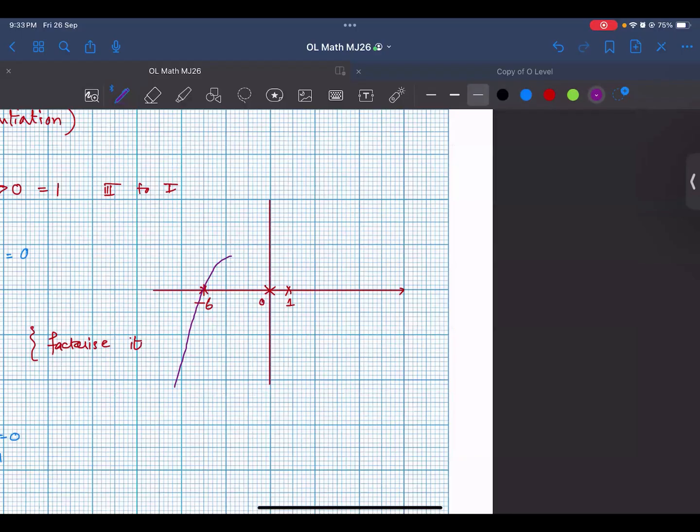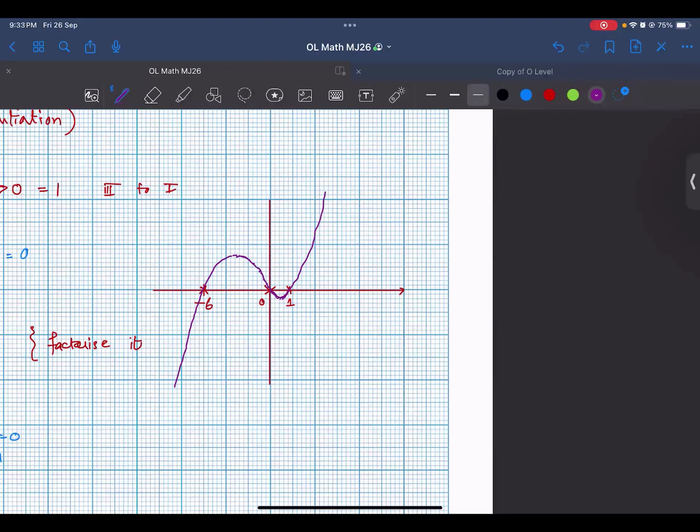Turn and it will pass through the second x-intercept. Then again turn, and then pass through the third x-intercept. And then it will go up like this. It's the curve like this. So this is the shape.